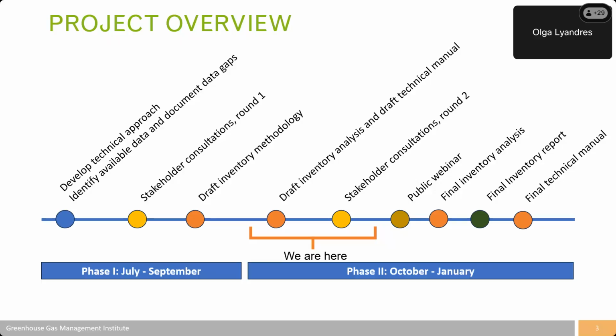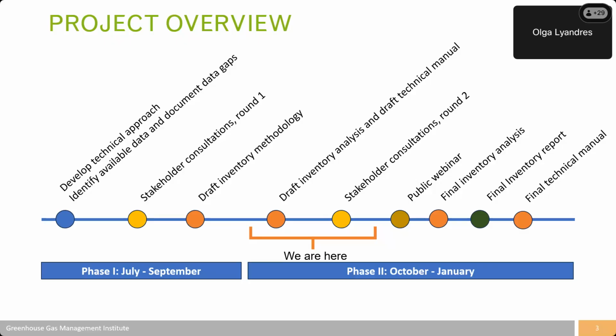So now we moved on to phase 2 of the project, which will be from now until January. And we are currently deep in the inventory compilation and refinement of the technical manual, which basically documents the methodology that's being used to produce the estimates.